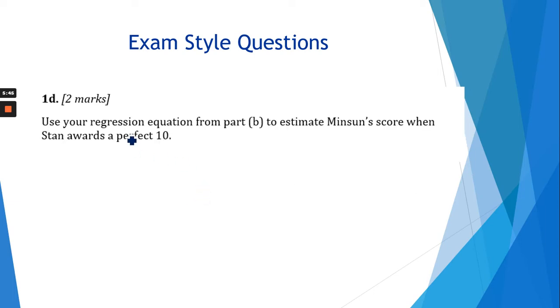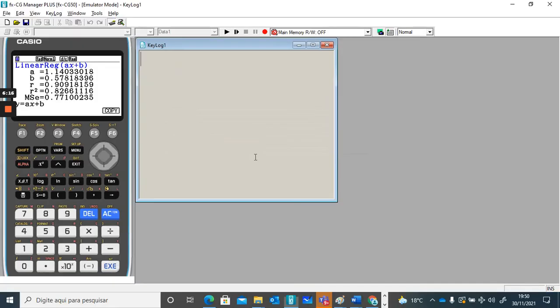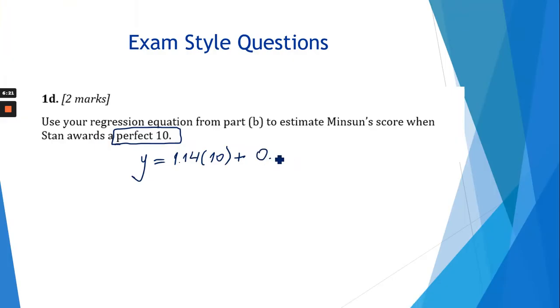Question D. Use your regression equation from part C, this one, to estimate Minson's score when Stan awards a perfect 10. Remember that the 10 is the maximum, the end of the scale. So let's see what happens here. y equals 1.14 times 10 plus 0.578. What happens when we multiply by 10?